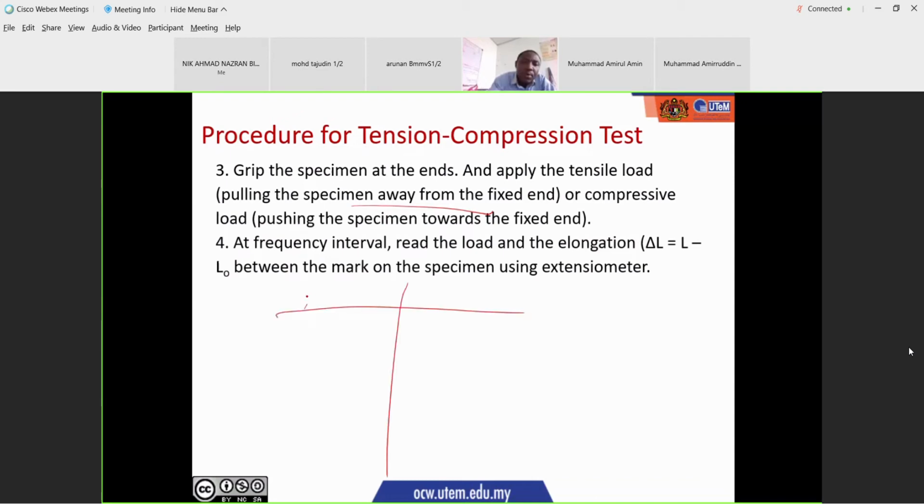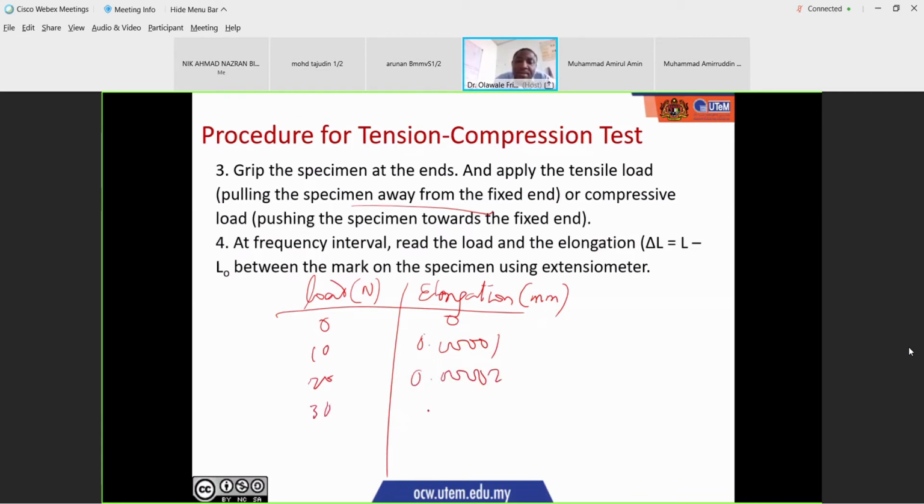like a table, you have load, and your load is either in Newton or kilonewton, and you have your elongation. Because it's tensile, elongation is going to increase, and you have your elongation in mm. So at 0 load, you have 0 elongation. At 10 Newton, 0.1. At 20, 0.2. At 30, 0.3.